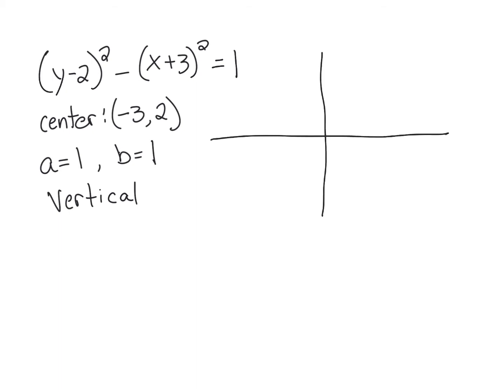So my center is at -3, +2. That is not a point that's on my graph. That's why I'm using an open circle. Now I want to go out 1 unit in the x, 1 unit in the y. I know, boring. That gives me this box.